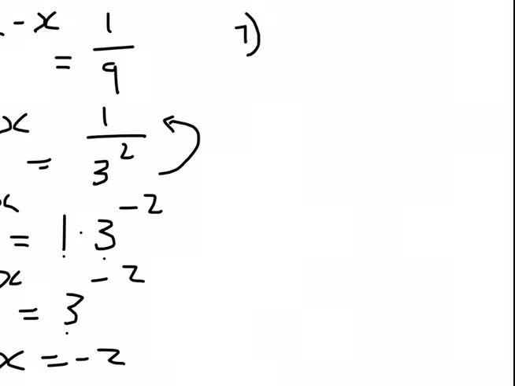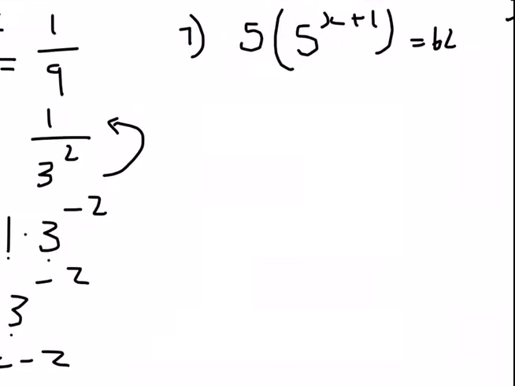Okay, so now let us quickly check problem number 7. For problem number 7, you've got 5 times 5 to the exponent of x plus 1, and this is being equated to 625.